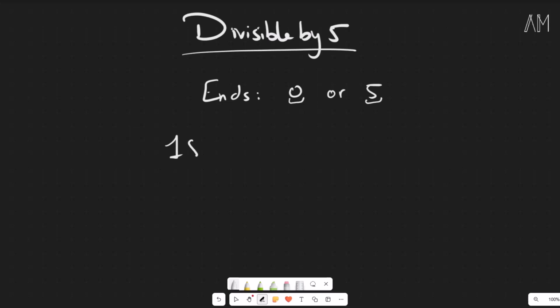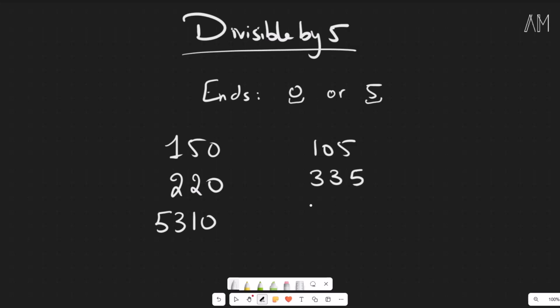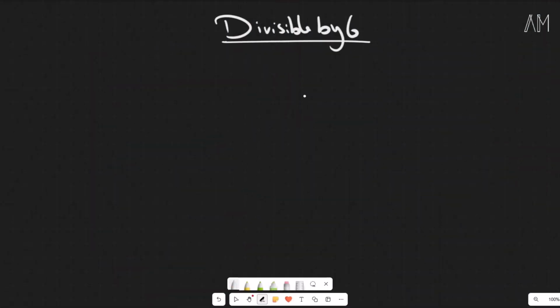For example, 150, 220, 5,310, or I can say 105, 335, 1,005. There we go. Since it ends with 0 or 5, I can simply say that this number is divisible by 5.